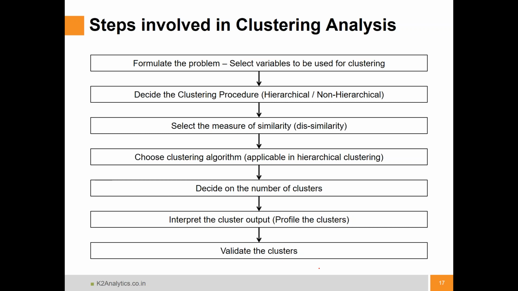Probably no. There are many other attributes. So when we say formulating the problem, it means deciding the attributes, the parameters which may be important for doing clustering. Deciding that is a task in itself in the clustering process.